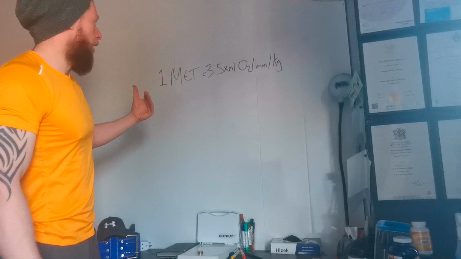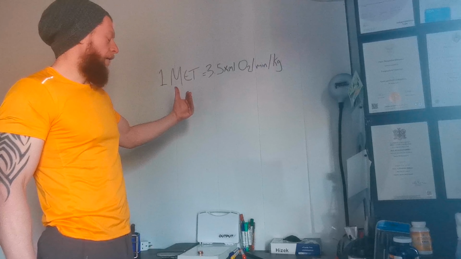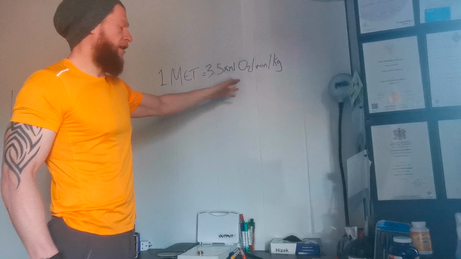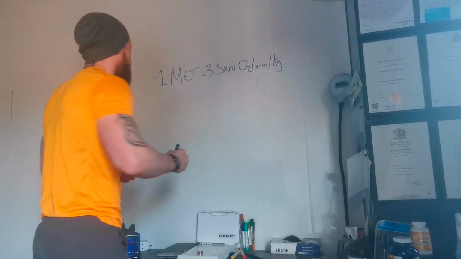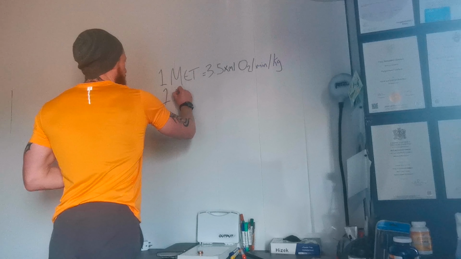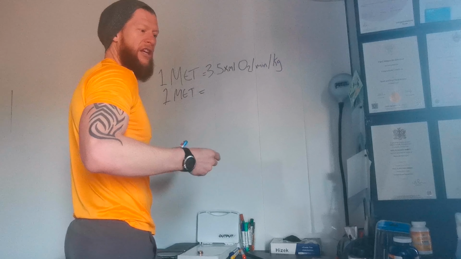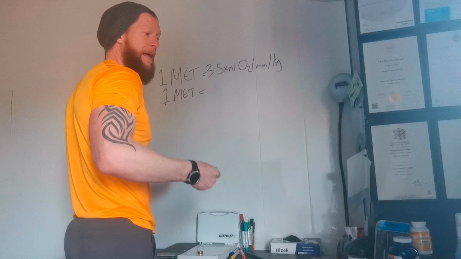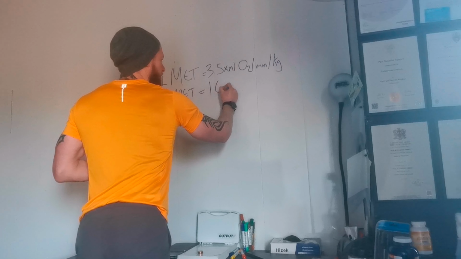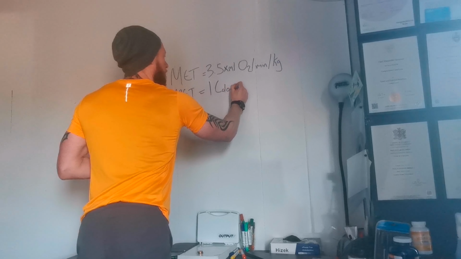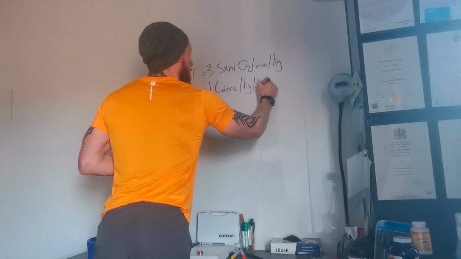So if we know that one MET is basically the equivalent of, and if we do some funky calculations and estimations, one MET also equals, and this is where things might become clear of how we use this to calculate fuel, total calorie needs per exercise per hour, and also fuel usage, one MET is also the equivalent of 1 calorie per kilogram of body weight per hour as well.